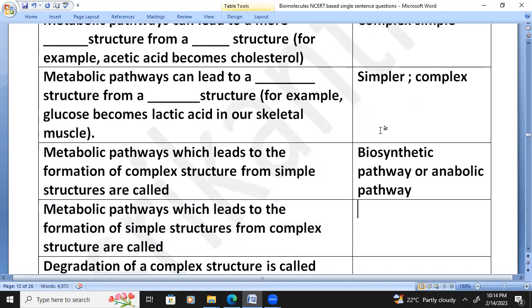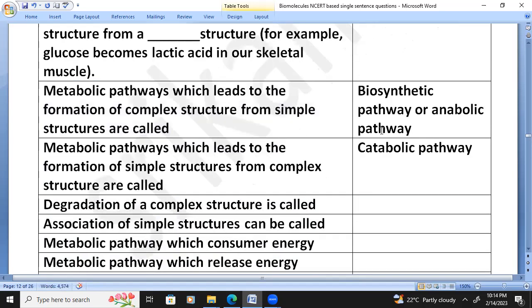Metabolic pathways which lead to the formation of simple structures from complex structures are called catabolic pathways. Degradation of a complex structure is catabolic; association of simple structures is anabolic.